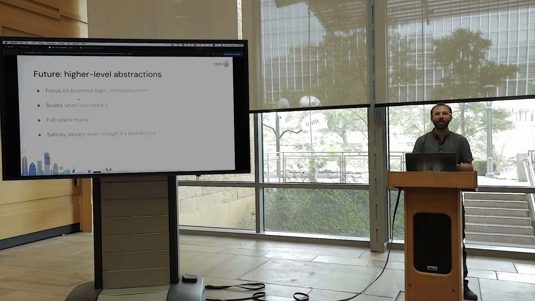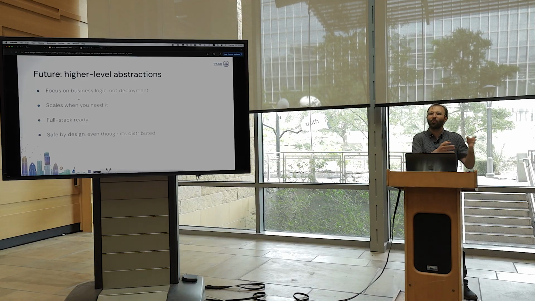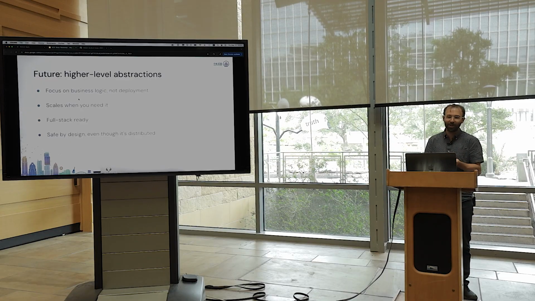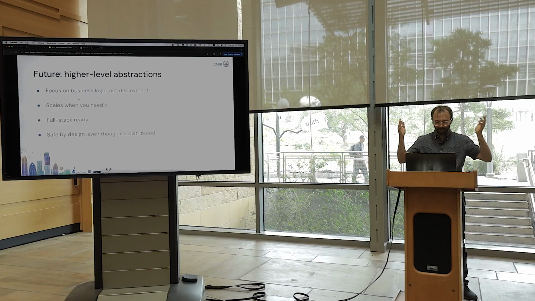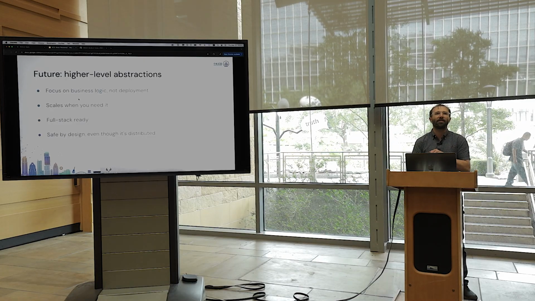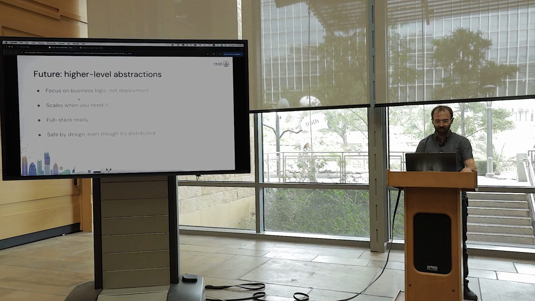It should scale when you need it, so we can avoid Martin's quote of like, you shouldn't use this till you need scale. It should work great at small scale and scale when you need it. It should be full stack ready to make sure that we're thinking about the front end as well. And finally, it should be safe by design. So the challenge of building distributed systems is hard. We want to make it safe.